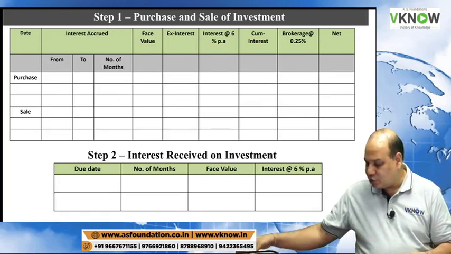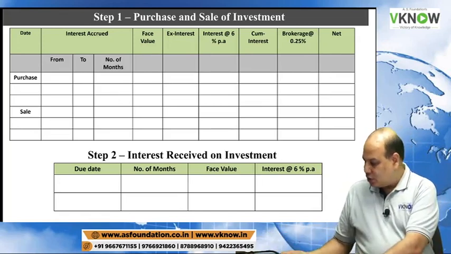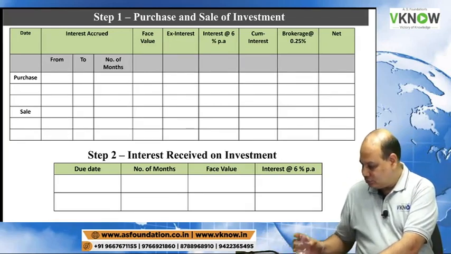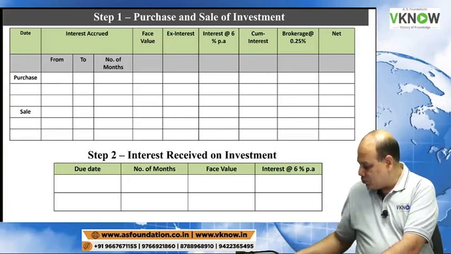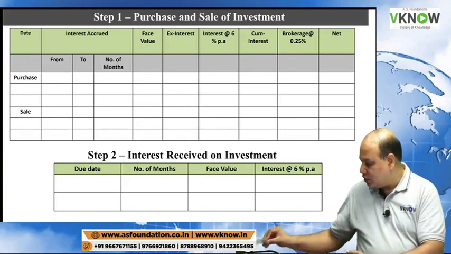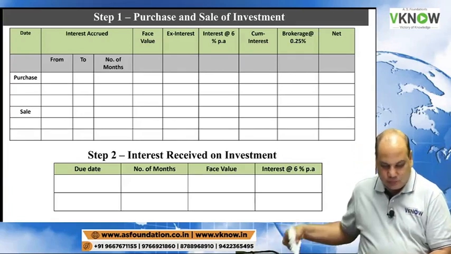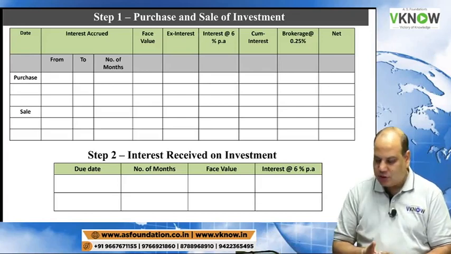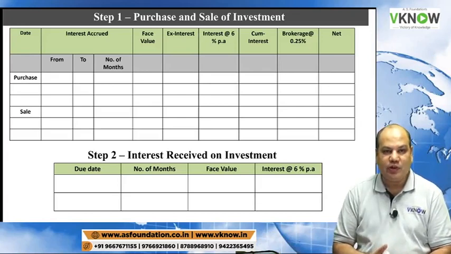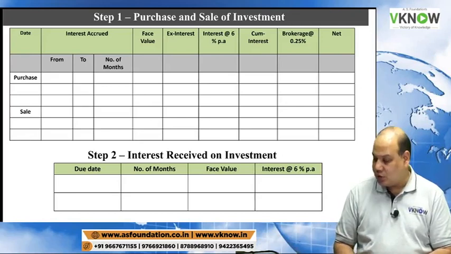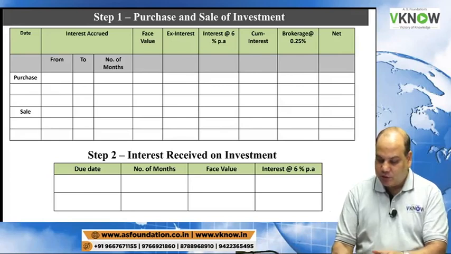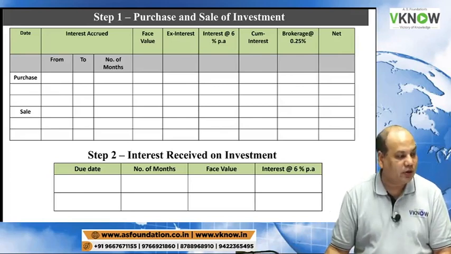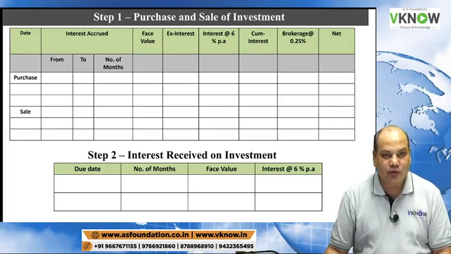Again, the problem of brokerage has come. Again, same instruction. Instruction number 1, assume brokerage is on ex interest price. Instruction number 2, when you purchase the investment, add brokerage to ex interest price. And instruction number 3, when you sell investment, deduct brokerage from ex interest price.